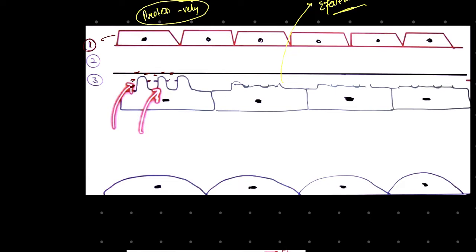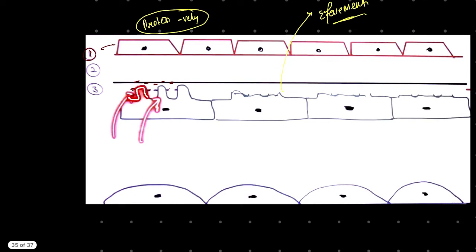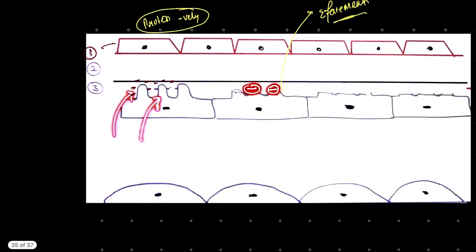But here there is podocyte damage. As the podocytes are damaged, there will be loss of negative charges. Then these podocytes will not repel protein, and this protein will be filtered.